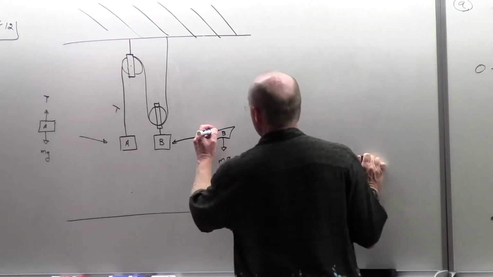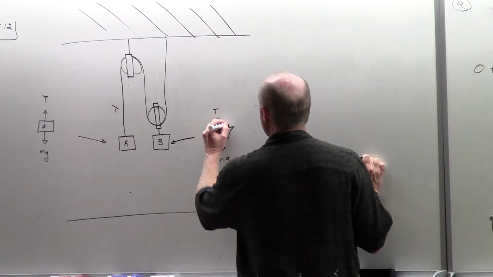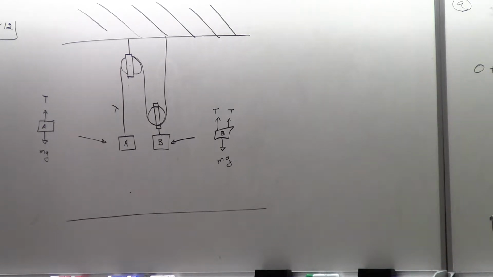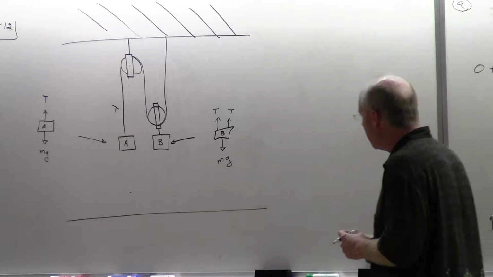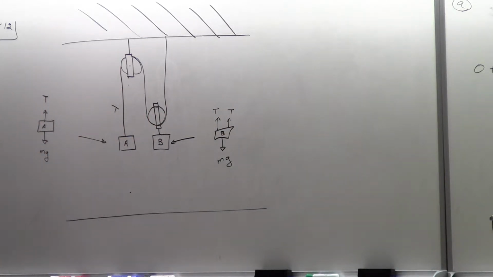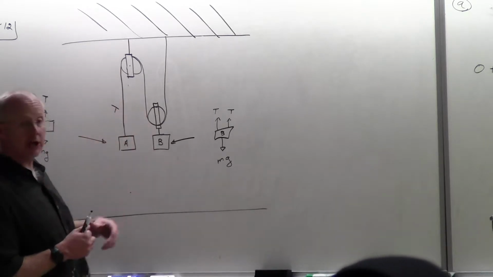It wraps around, and so you get a T here and a T there. And so B is being pulled up with twice as much as A. So, as you correctly said, that would probably tell me that B is going to go up.